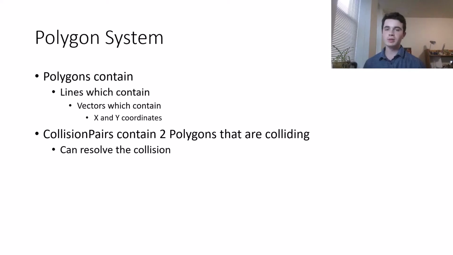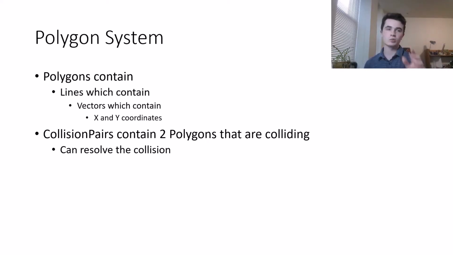My system for keeping track of the polygons was as follows. Polygons, in the traditional geometric sense, are a collection of lines that form a closed shape. Polygons contain a vector of lines, and lines are made up of two vectors representing the positions of the endpoints, and those vectors contain x and y coordinates.